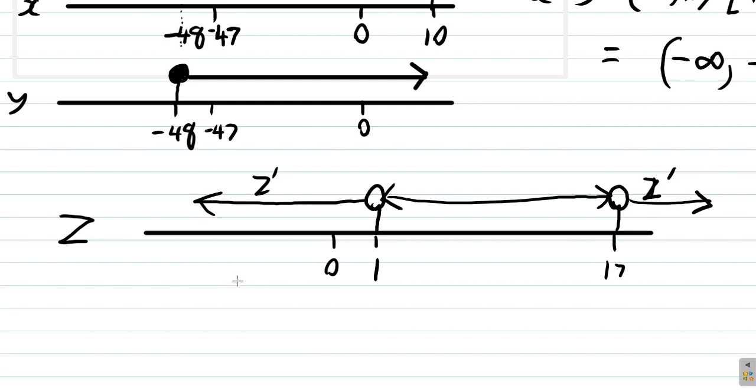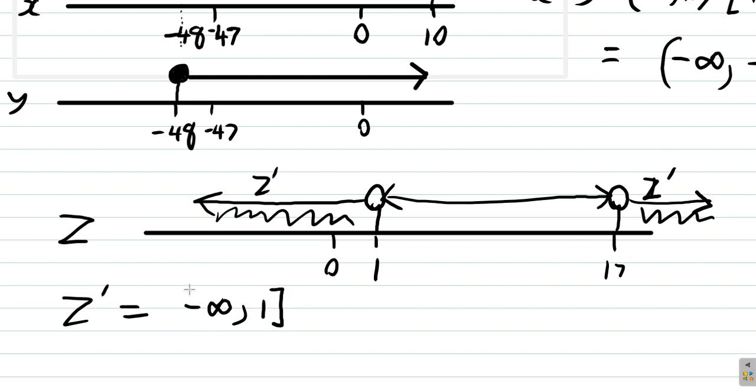So now all of this is z complement. What you can say is z complement includes from 1 below, 1 to negative infinity, so negative infinity to 1. Since 1 was not included in z, it would be included in the complement, so you can put a square bracket here.